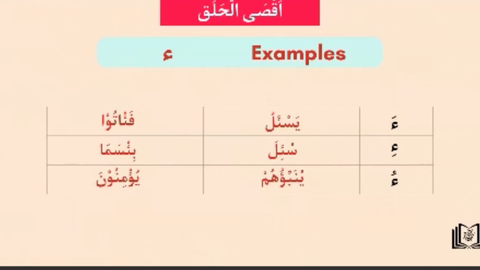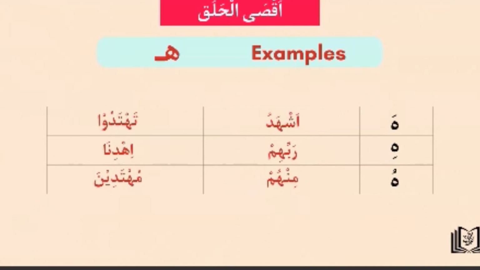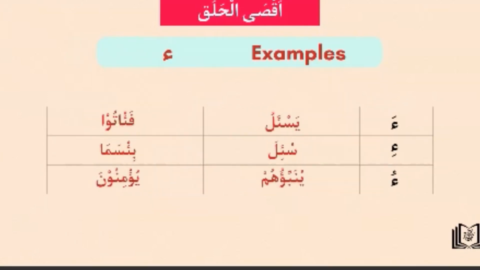You can repeat after me. Here we have Hamza. Hamza is having Fatha, Kasra, Dhamma. Same like that, Ha also we have Fatha, Kasra, Dhamma. We are going to see how to pronounce this in words. Let's see the first one. Yas-alu. Yas-alu. Yas-alu.